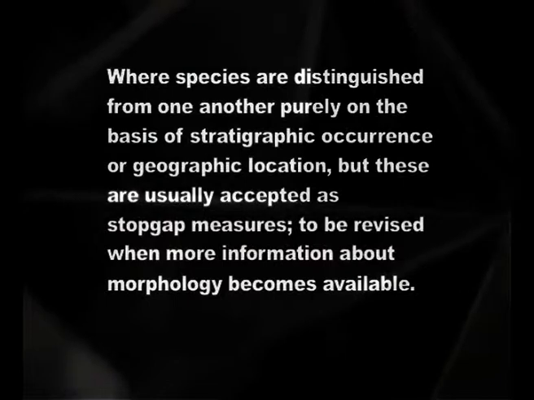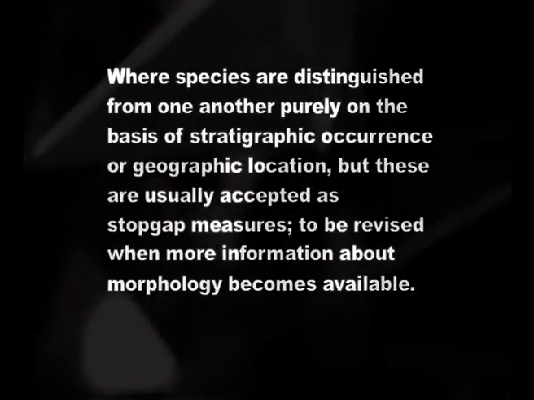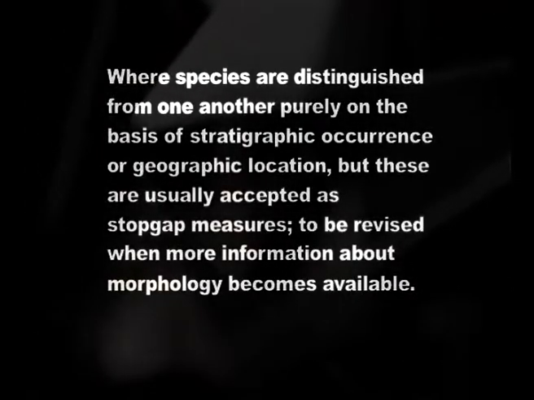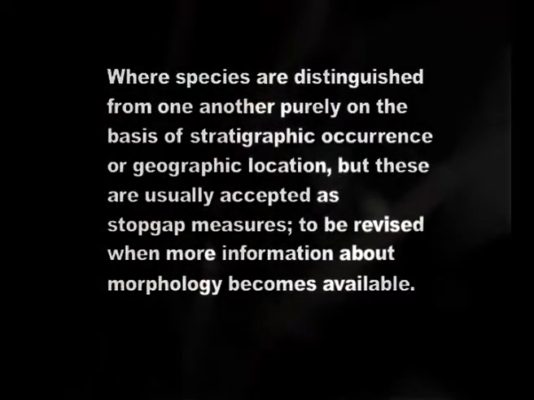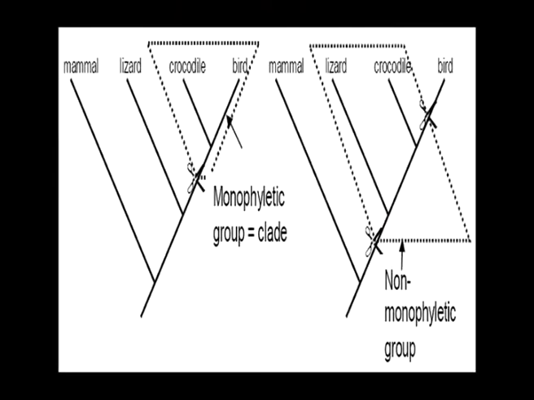But these are usually accepted as stopgap measures to be revised when more information about morphology becomes available. Monophyletic species are recognized on the basis of possessing one or more unique morphological characters, and this corresponds most closely with the Hennigian species concept.